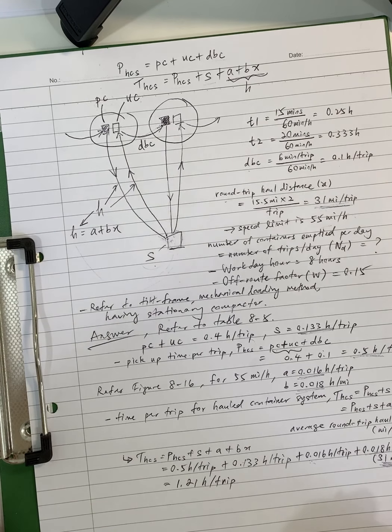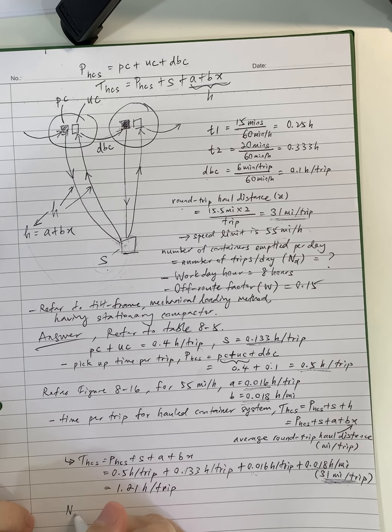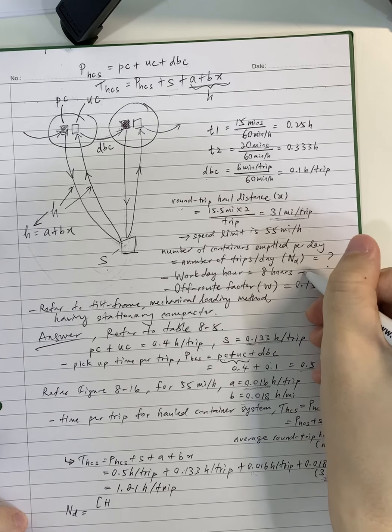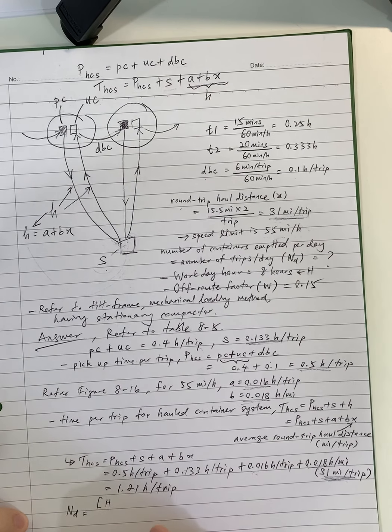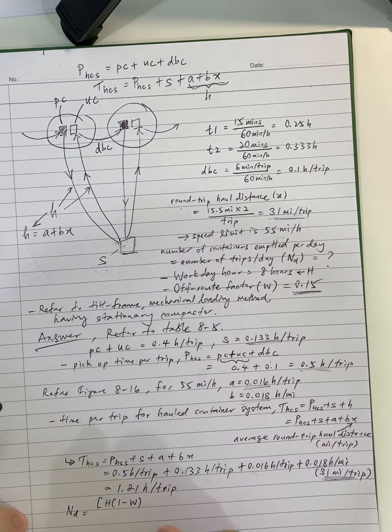Now let us look at the equation to solve this problem. The equation is ND equals H, where H is the work hour. H times (1 minus W) minus T1, plus T2.